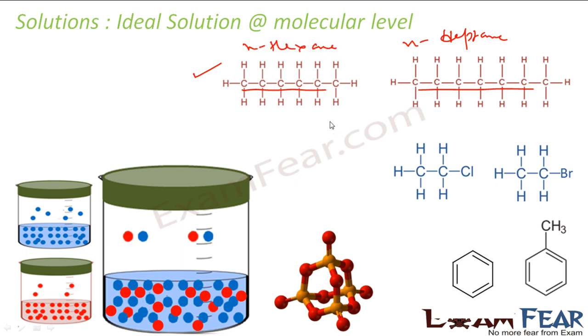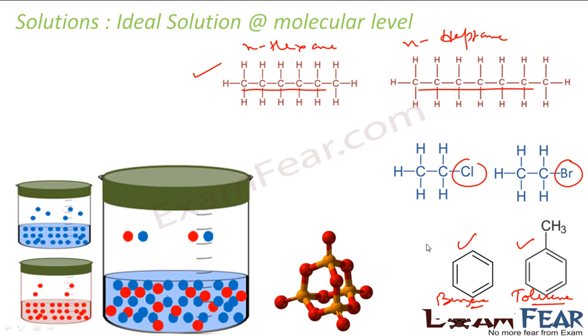The other is bromoethane and chloroethane, and the next is benzene and toluene. These are some of the examples of near ideal solutions, right?